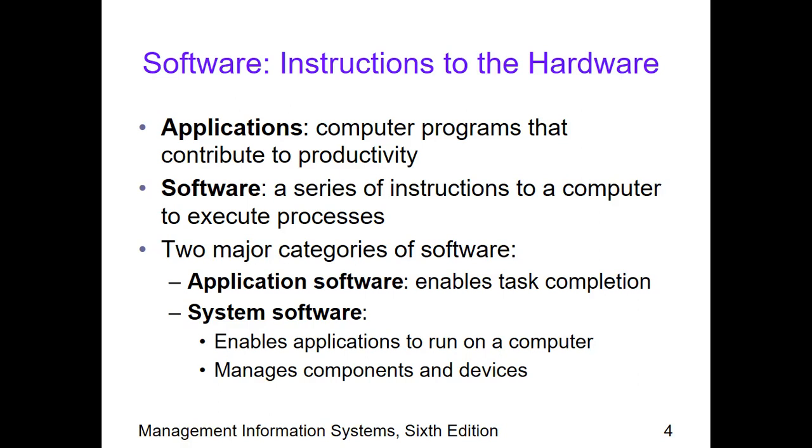These also manage components and devices. For Microsoft, of course, we have our Microsoft OSs, but for Apple, we have the Apple iOS. So different strokes for different folks and different companies, of course.